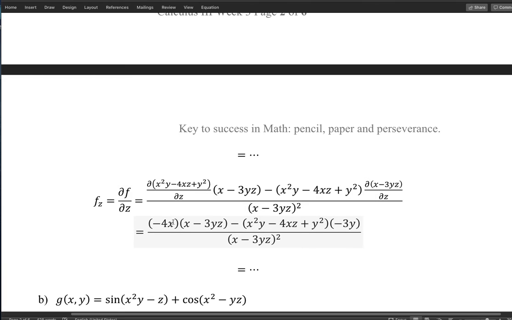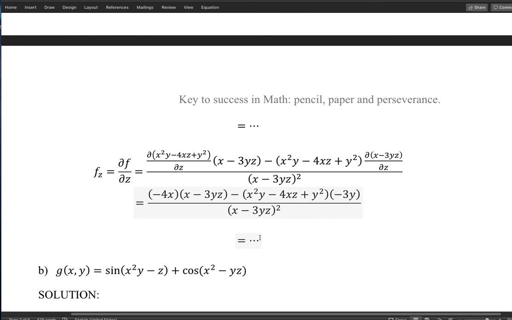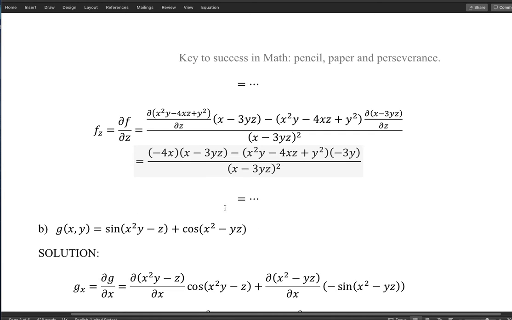So the partial derivative would be negative 4x. And the second part, the same partial derivative with respect to z, that's a negative 3y. And also, as I'm saying, you want to consider further the simplification part. And for me, mostly I'm just showing how you get partial derivatives. And that should be it for part A.